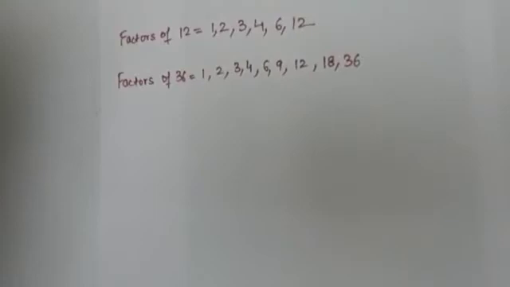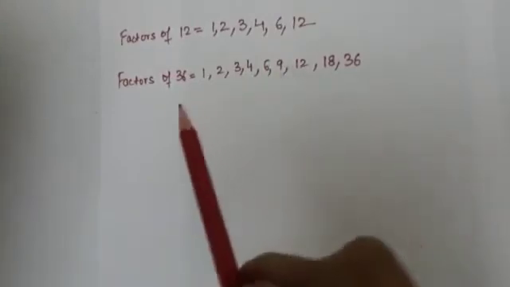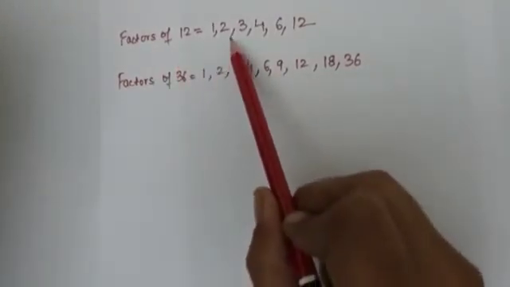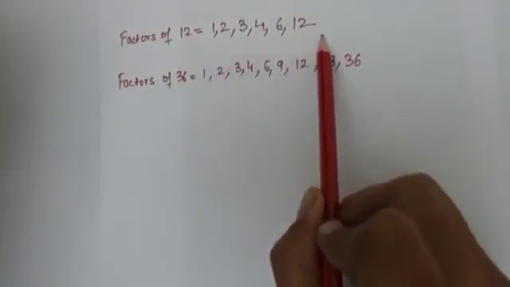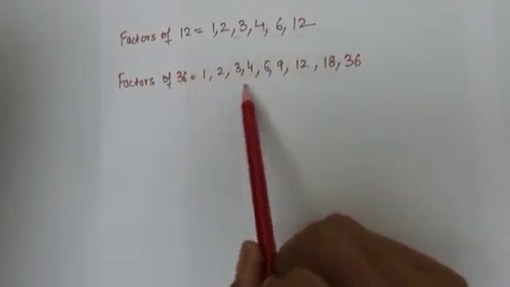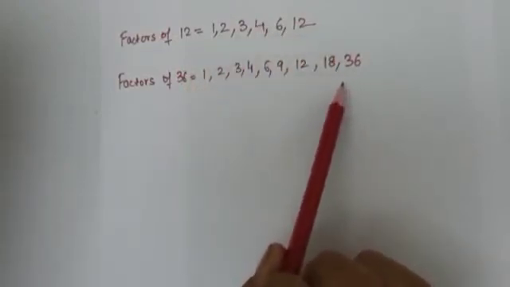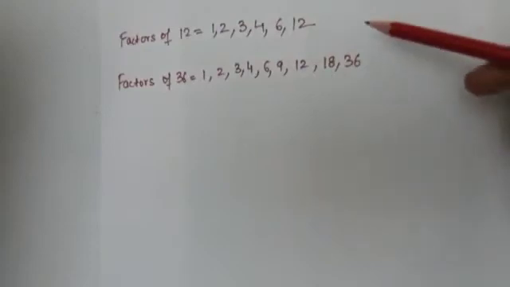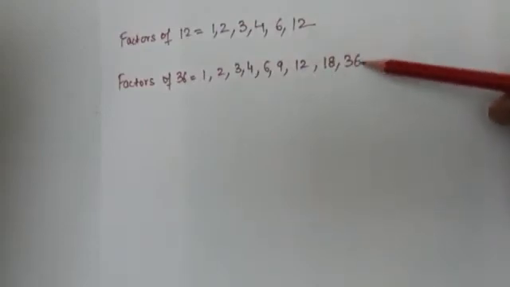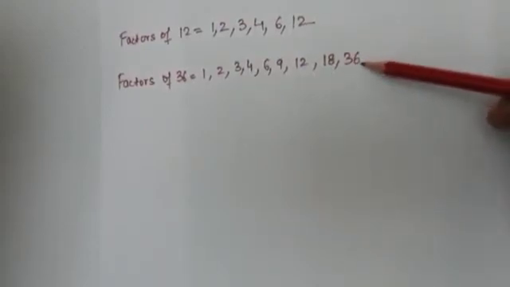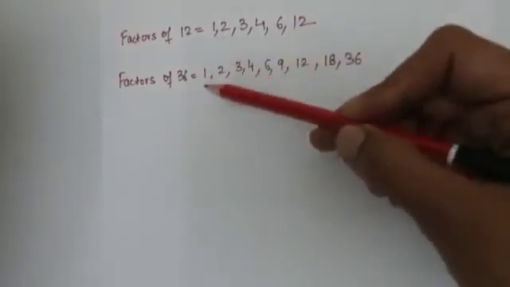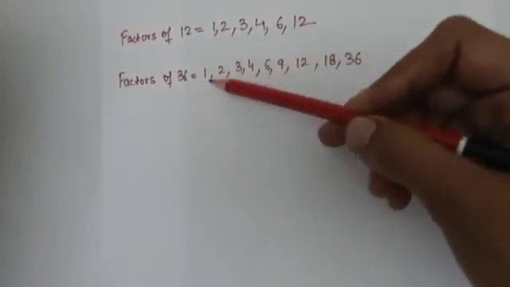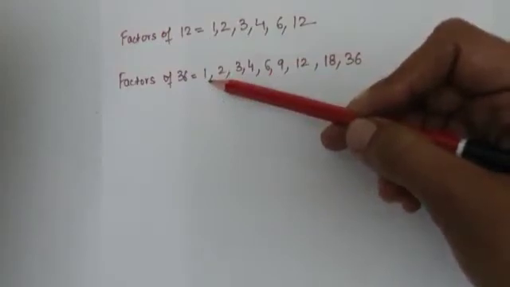Now students, let us discuss a few important points. We have written here the factors of 12 and the factors of 36. If you see here, you can say that 1 is a factor of every number.